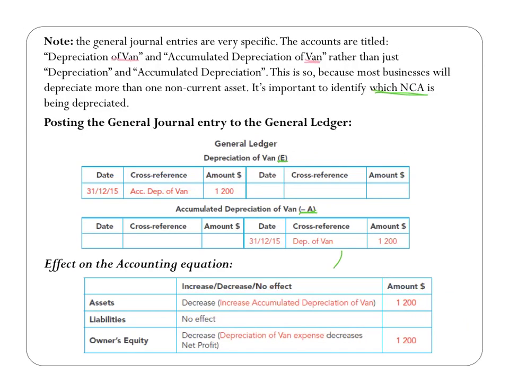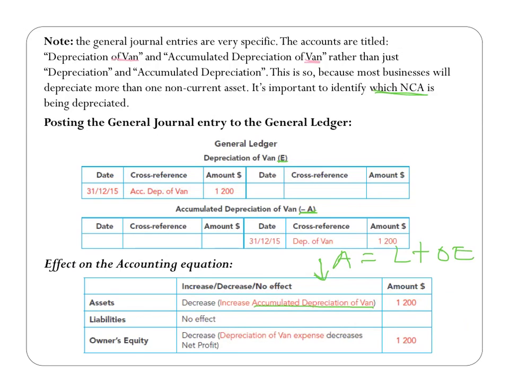Let's have a think about the effect of this journal entry on the accounting equation. Assets equals liabilities plus owner's equity. On the asset side, when you record the depreciation, you're going to decrease the asset, because you've increased the accumulated depreciation of van, the negative asset account.